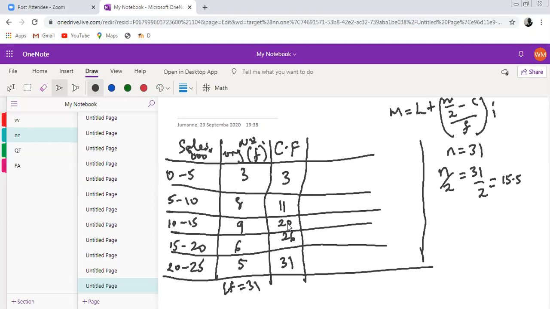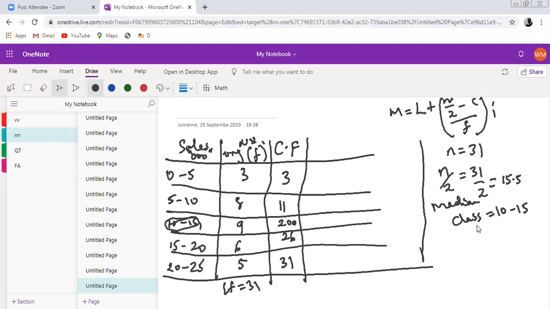So because our median is going to be here, position 15.5 is going to be here, we now consider this one as our median class. This is actually our median class. So we can come here and say the median class is the class of 10 to 15.